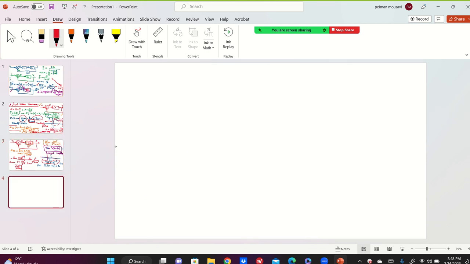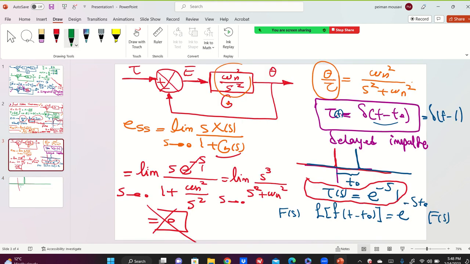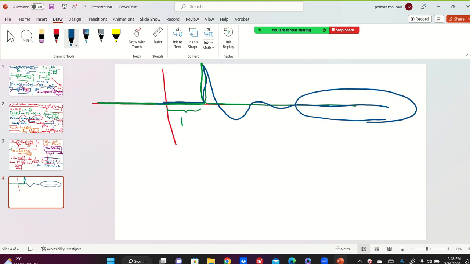Okay, guys, this is what I plotted. All of you look at here. I said the input to the system is this impulse, a huge force. Here is 1 second. Based on what we calculated from the final value theorem, the pendulum is going to behave like this, because the steady state error signal is 0.